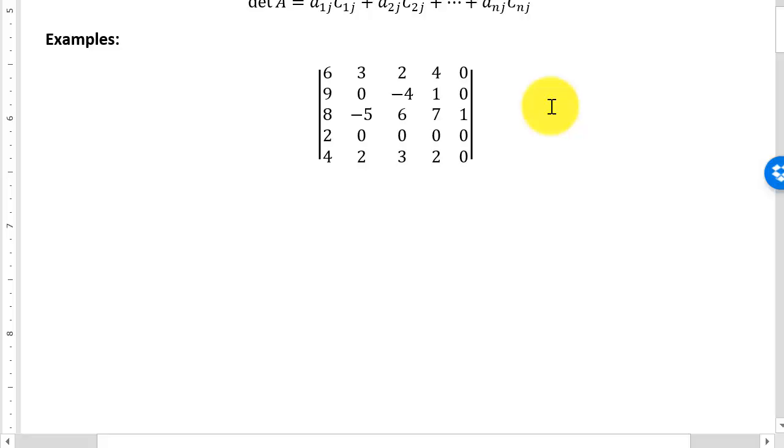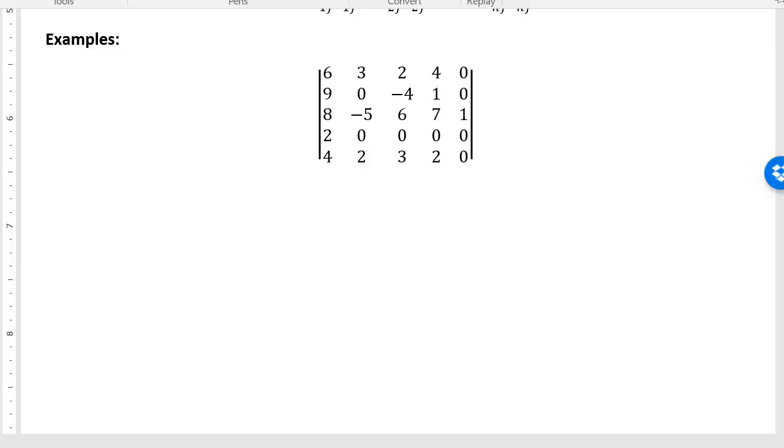Just to get us going, we have to remember our pluses and minuses. If you always start with a plus, minus, plus, minus, plus, minus, plus, minus, plus, you can assign each element a sign, and we can confirm this by saying that this 0 over here is in the first row and the fifth column.